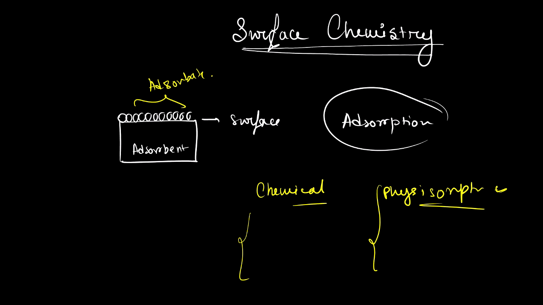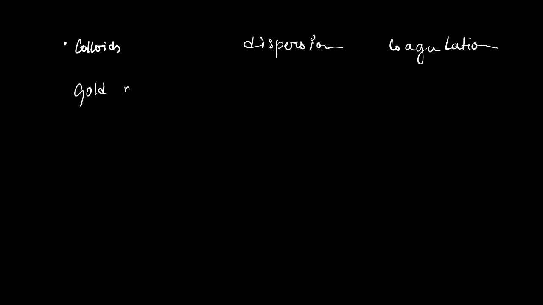And then from surface chemistry, what else do we need to cover? We have the concept of colloids, dispersed phase, dispersion medium. Another is coagulation. And the related terms are the gold number, and lyophilic and lyophobic colloids.